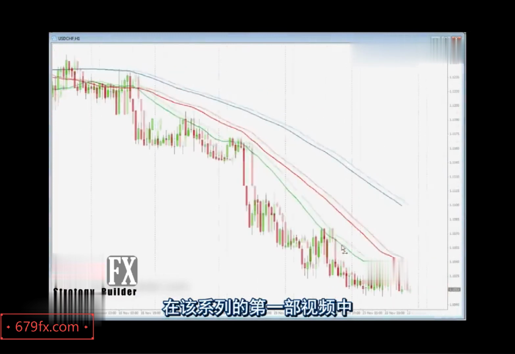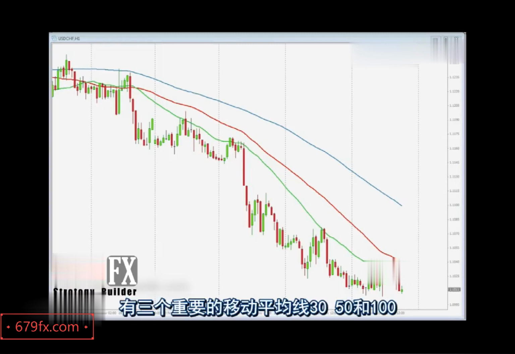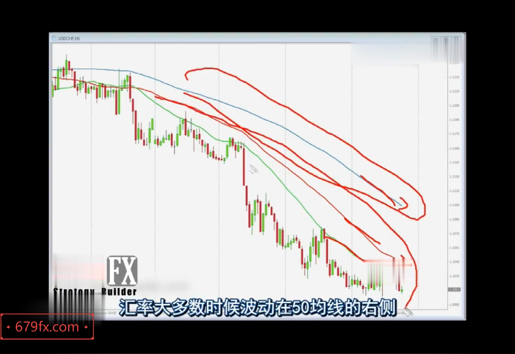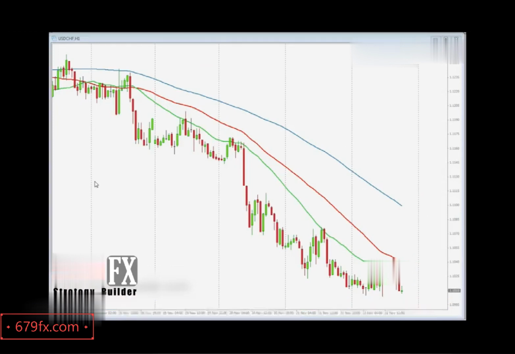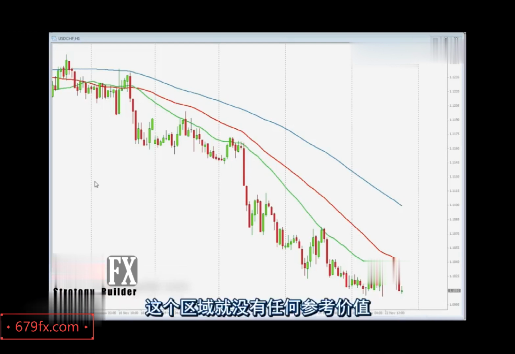As we saw in the first video of this trading course, as far as I am concerned, a trending currency pair is one that shows my three main moving averages, the 30, 50 and 100, all of them in order, all of them parallel to each other, price nowhere near the 100, price spending most of the time on the right side of the 50, etc. So always make sure that you are actually looking at a trending chart before trying to apply the concept of the area of dynamic support and resistance. Otherwise, this area holds no relevance whatsoever.